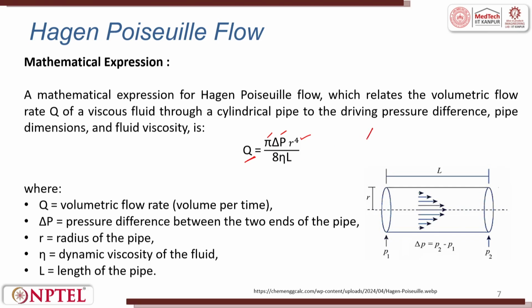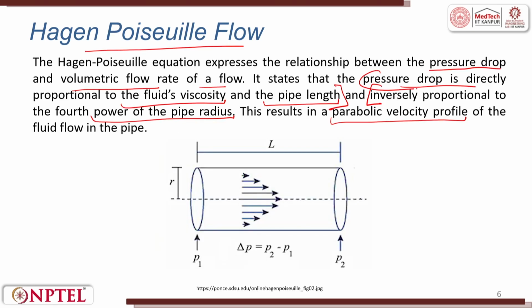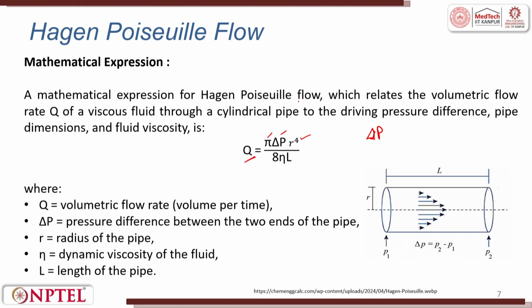That means delta P, that I talked about, that is pressure drop, is directly proportional to viscosity and pipe length. That means delta P is equal to Q 8 eta L by pi r power 4. Here we can see it is directly proportional to viscosity, directly proportional to the length of the pipe, and inversely proportional to the radius of the pipe to the fourth power. This is what Hagen-Poiseuille flow is.